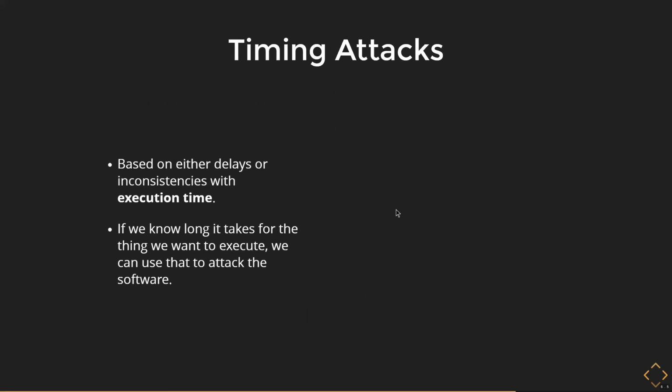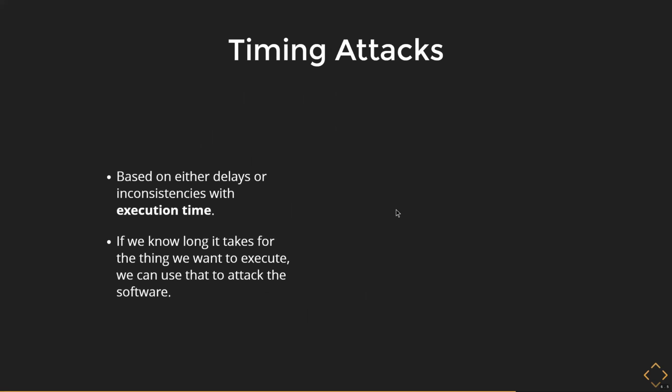Okay. So timing attacks are based on either delays or inconsistencies with execution time. The big goal is if we know how long it takes for the thing we want to execute, we can use that to attack the software.